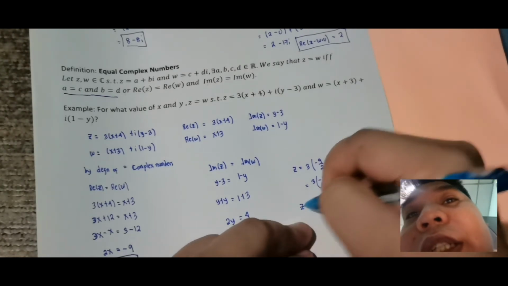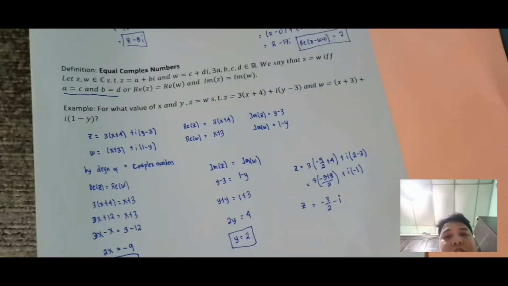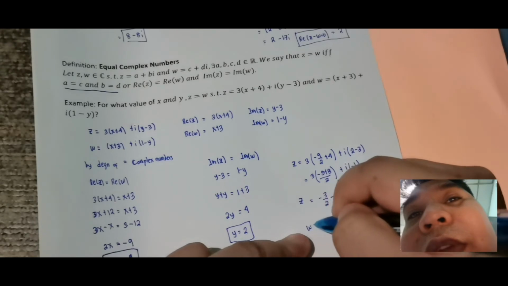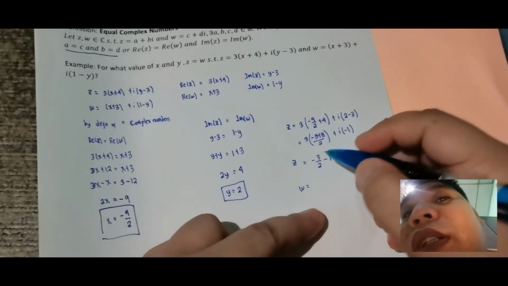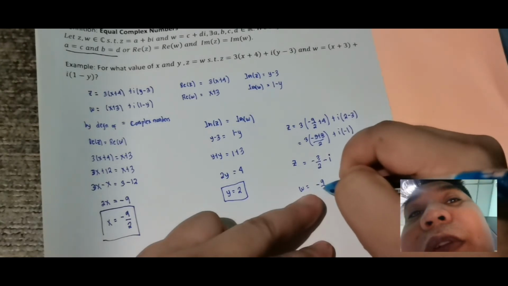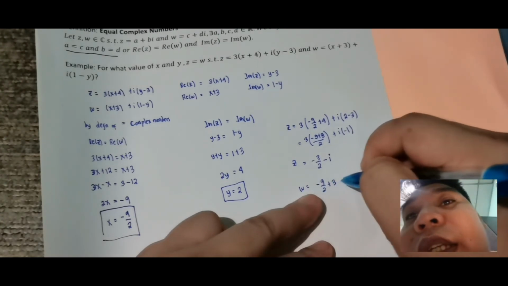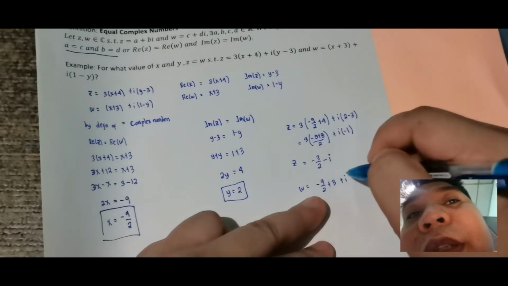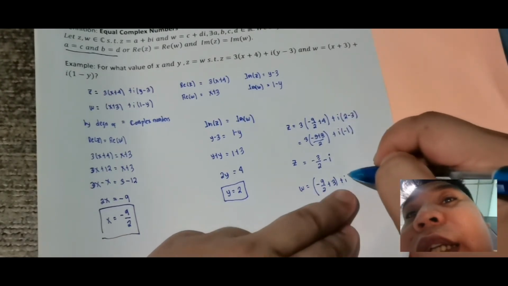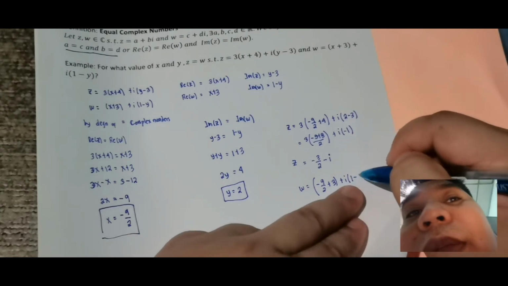So, that is z. Okay, so check natin kay w, sorry. Kay w is equal sa x plus 3. So, that is negative 9 over 2 plus 3, then plus i, group ko lang to, i multiplied by 1 minus y. That's 1 minus 2.